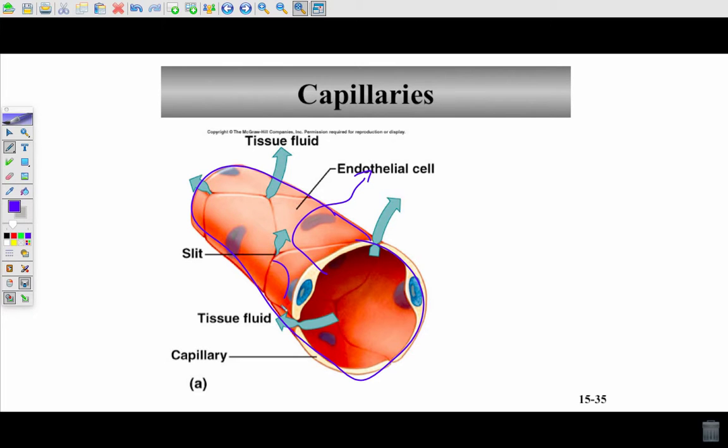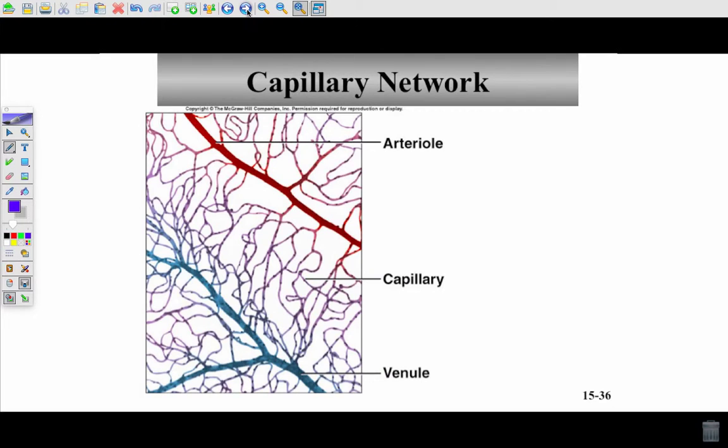It allows material to leave the capillary and enter the capillary. Okay, so this is where that exchange between the tissues of the body out here and the capillary happens. And that's why it's one layer thick, because remember, those simple squamous cells will allow material to diffuse in and out.